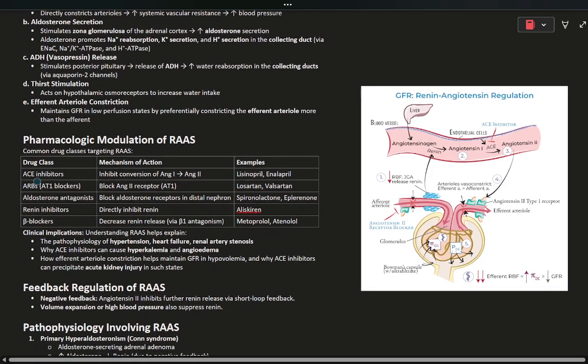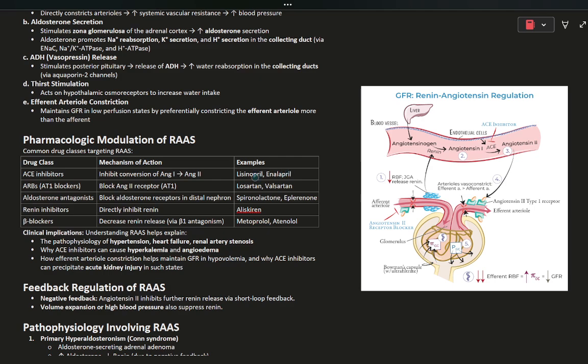The first one, and this is very important, we have ACE inhibitors. This is simply going to inhibit the angiotensin converting enzyme, thereby inhibiting conversion of angiotensin 1 to angiotensin 2. And so the key examples of these drugs are lisinopril and enalapril.